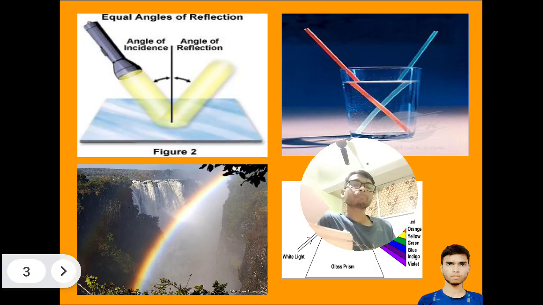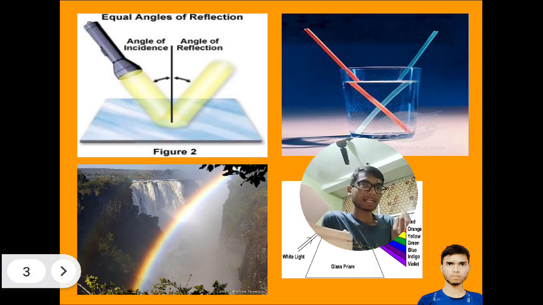Now just understand the meaning of reflection ray. A ray of light which does not come from the source light directly, it comes indirectly.